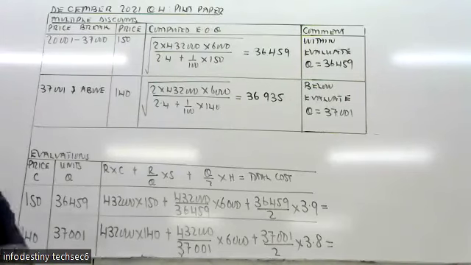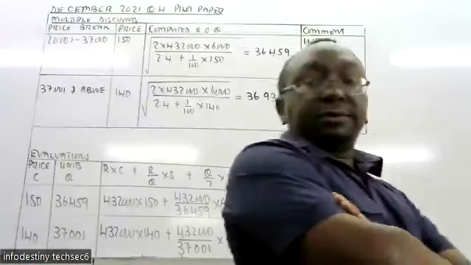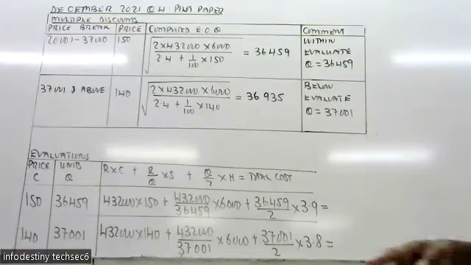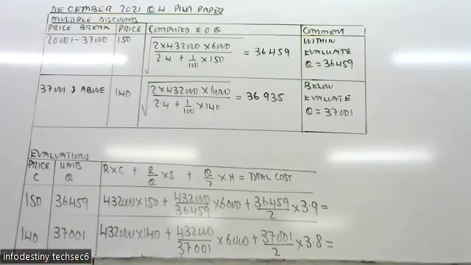So which one has come out cheaper? The 150 or the 140? 140. Is it cheaper compared to that EOQ one where we had 36,000? That one was 69 to 60 something.